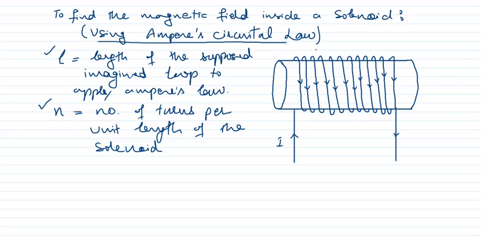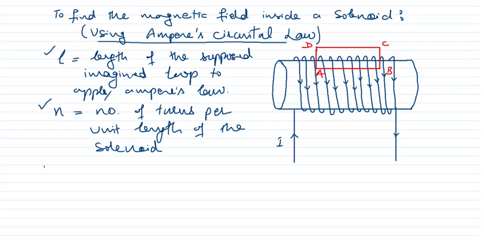I will draw the loop with a different color so that it will be visible for you like this. Now our loop is A B C D.